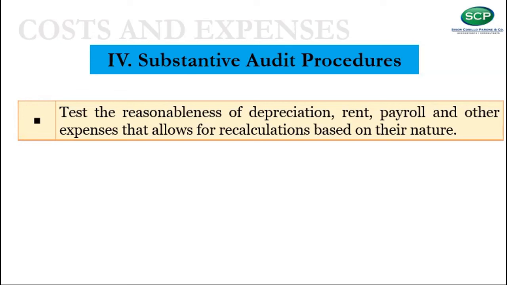Because in performing this procedure, we try to predict how much the amount of an account should be. Usual expense accounts that are subjected to the test of reasonableness when material in amount are rent, interest, depreciation, and payroll. Sample test of reasonableness for depreciation is presented and discussed in the training for auditing fixed assets.